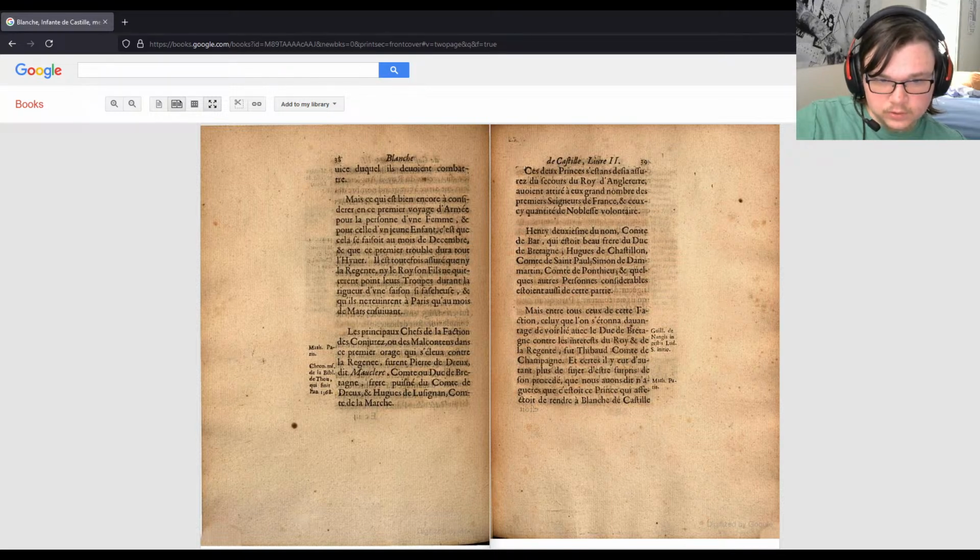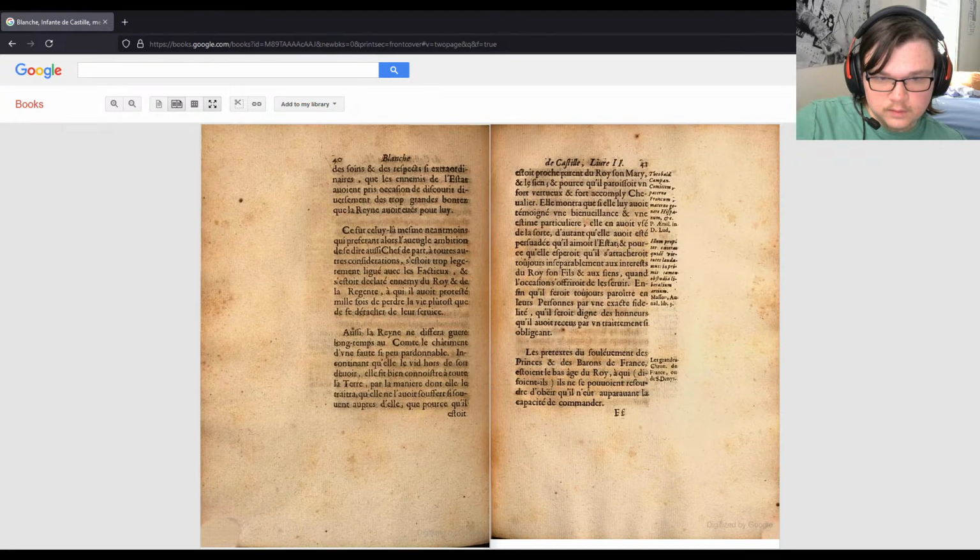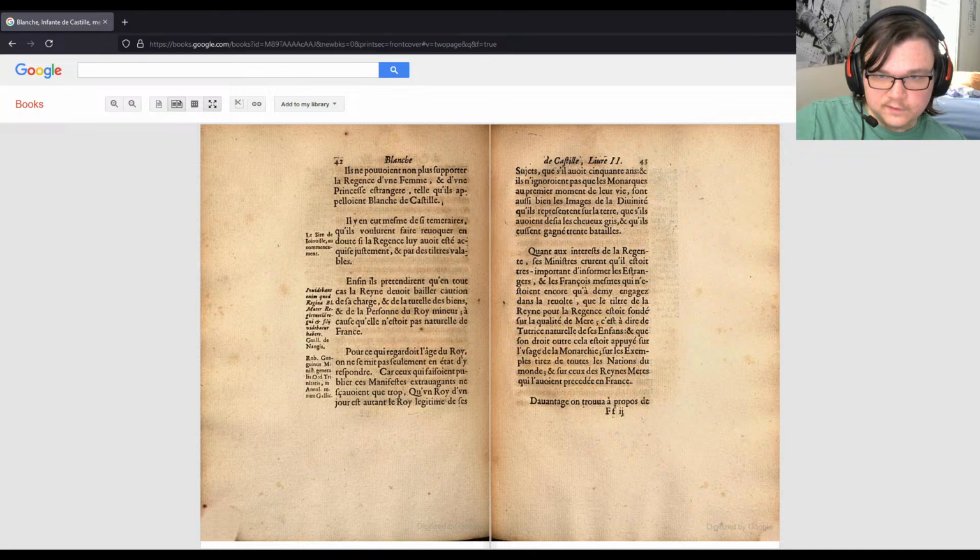Comte de Champagne. Okay, I'm trying to see if I can find this part.